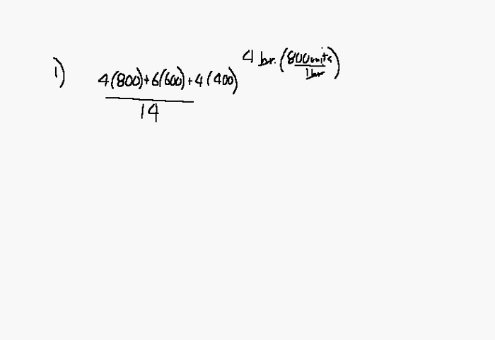So let's calculate the numerator here first. 4 times 800 would be 3200, plus 6 times 600 would be 3600, plus another 4 times 400 would be 1600. And so that equals 3200 plus 3600 is 6800 plus 1600.